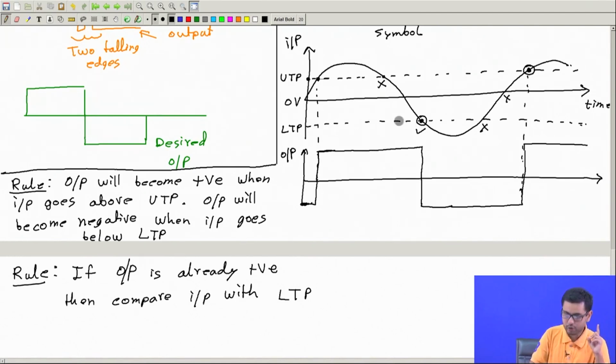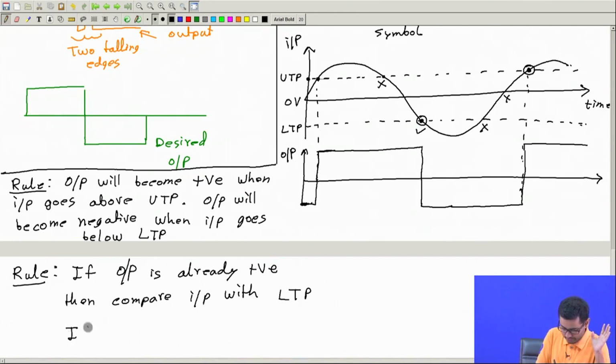Is the input lower than lower trigger point? Here? No, not even here. Yes, here. So here we will change the output from positive to negative. But once this is already negative, then this lower trigger point is of no use. This is of no significance. This level 0 is of no significance. Now, starting from here, we will compare the input only with the upper trigger point.